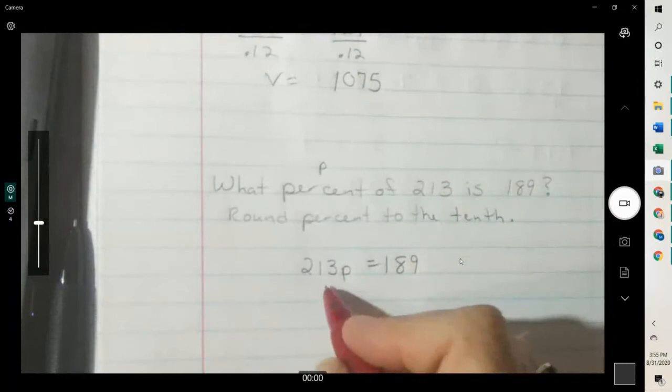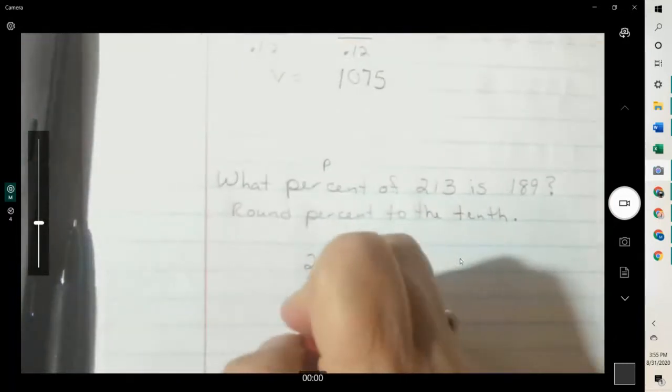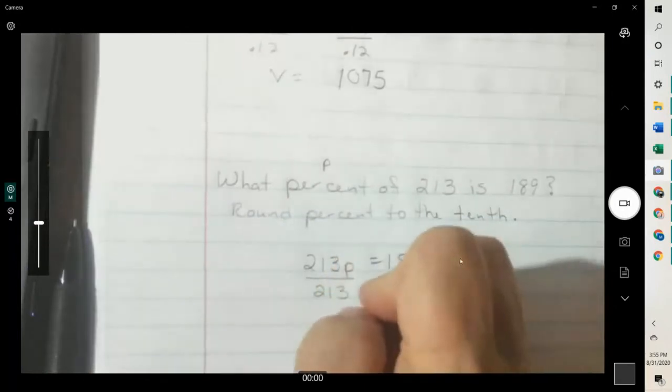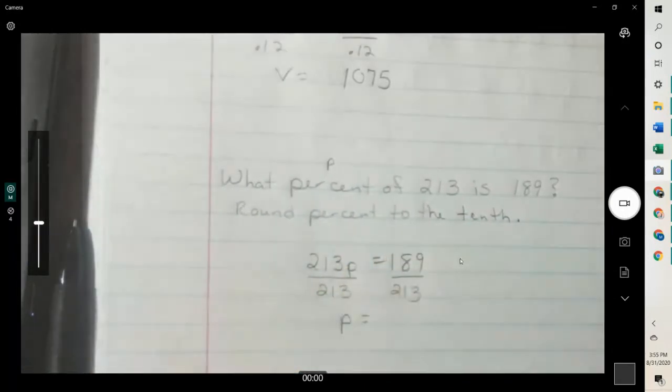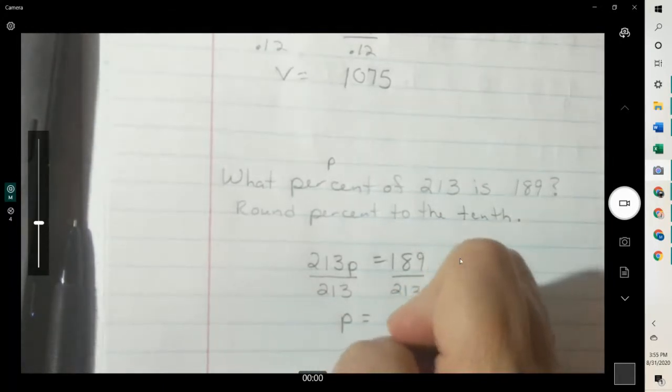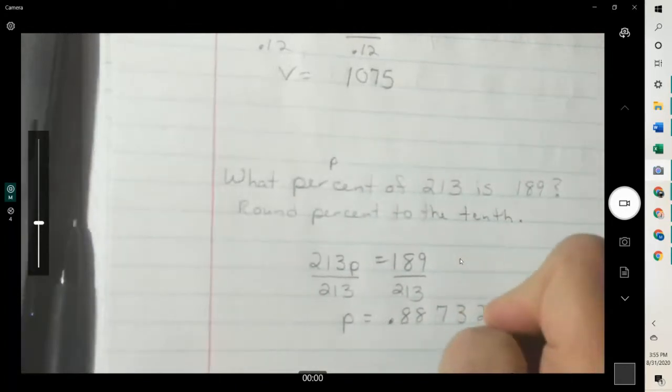Again, we're solving for P, and this is being multiplied, so we want to divide by it. And P equals 189 divided by 213. We get 0.88732.